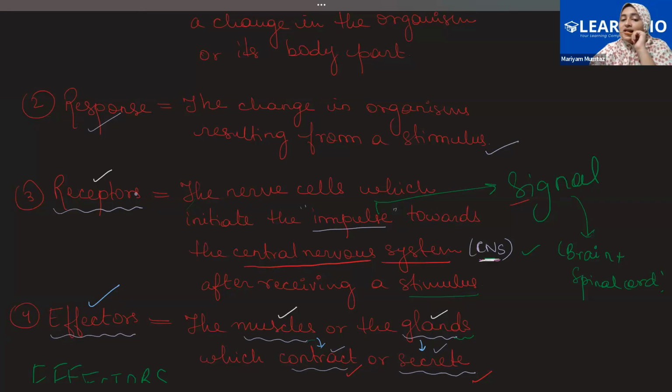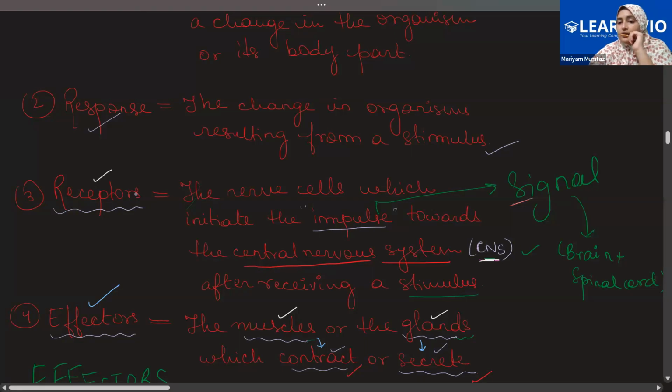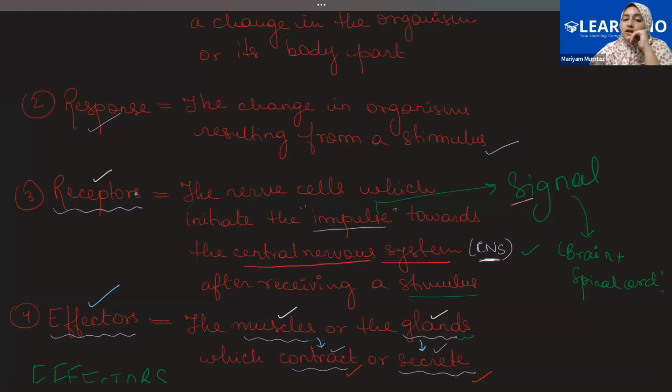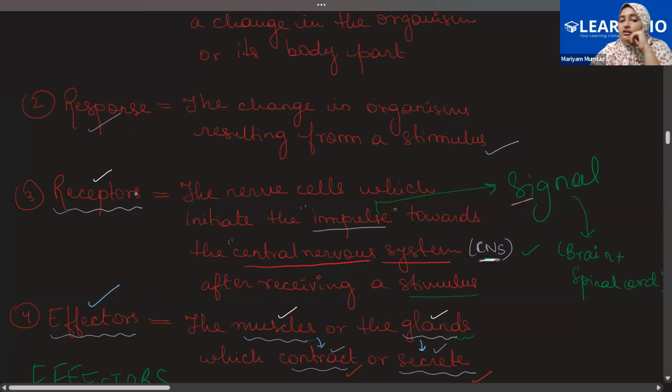As soon as they get the stimulus, they initiate a signal. This signal has to be sent to the brain so that the brain can understand what is happening. So the nerve cells initiate the impulse towards the central nervous system, CNS.